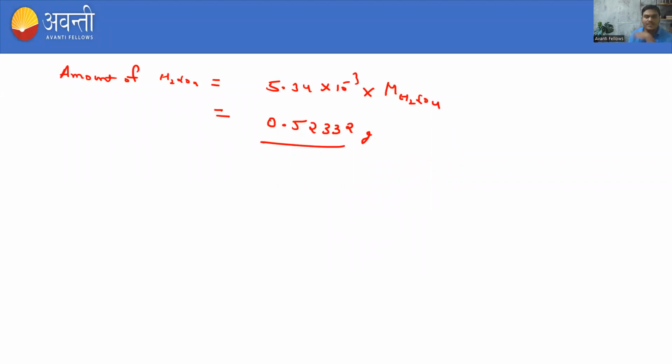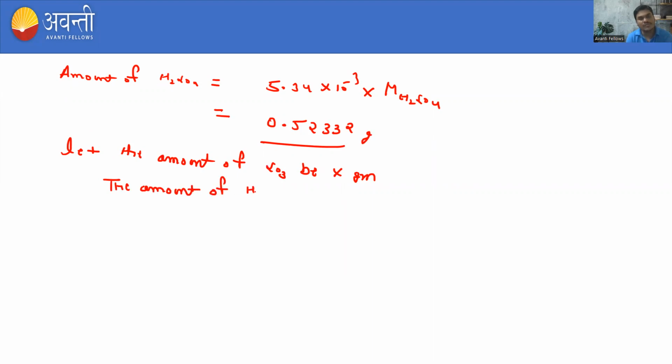Let the amount of SO3 be X gram. So what is the amount of H2SO4 then? The amount of H2SO4 is nothing but 0.5 minus X gram, right?